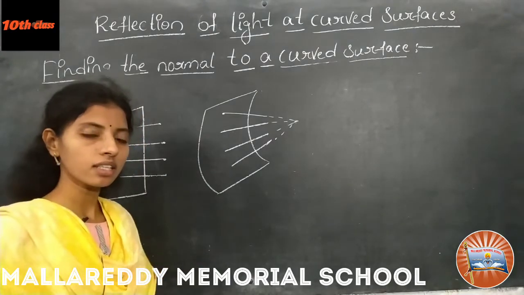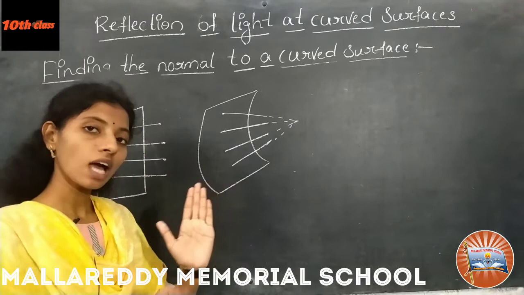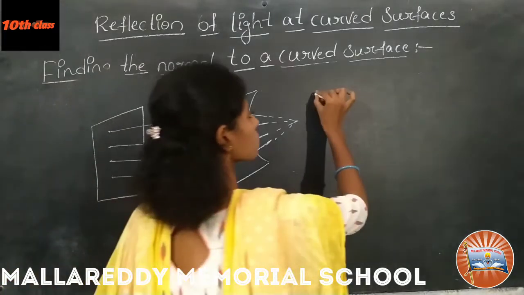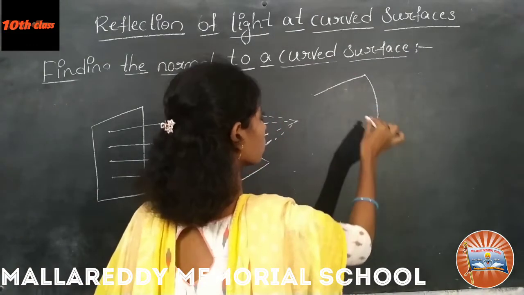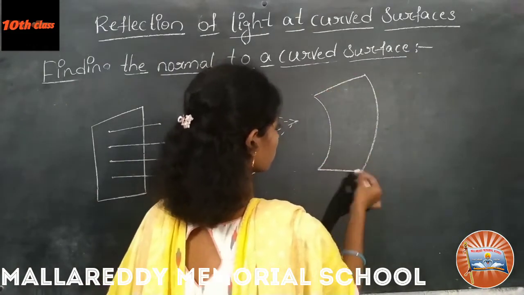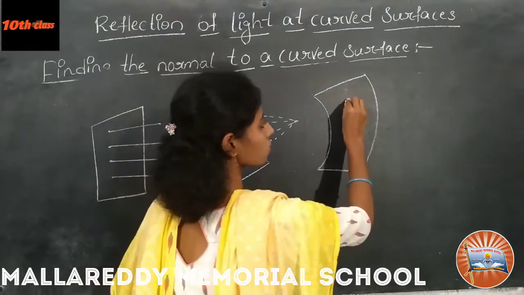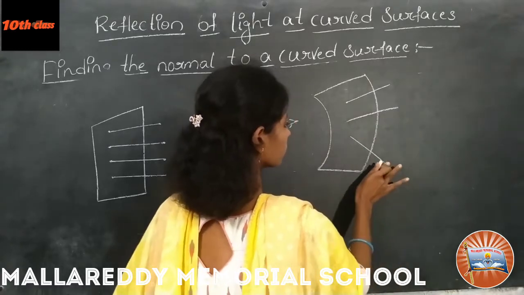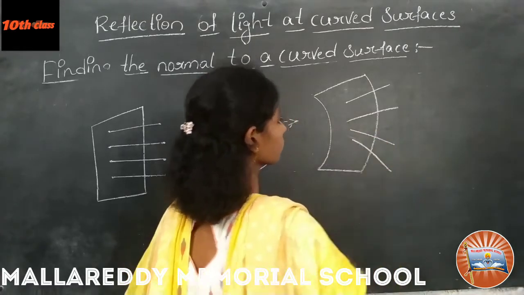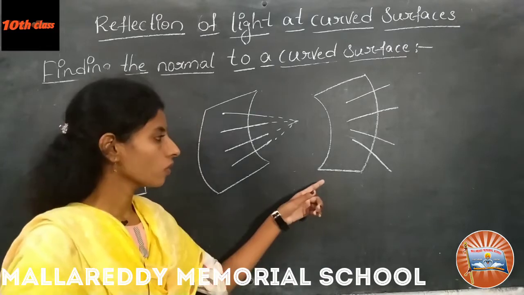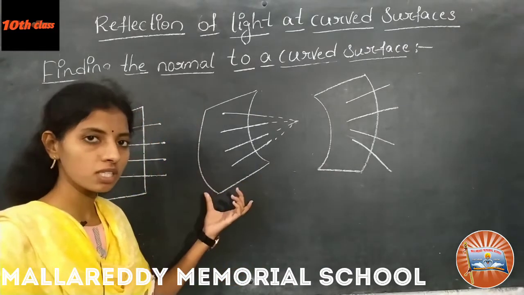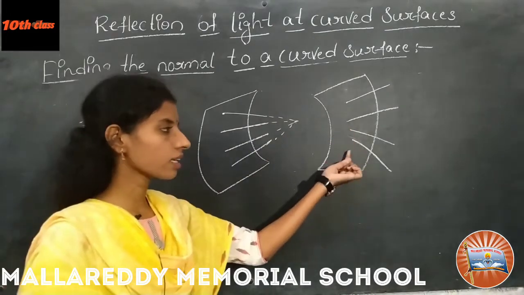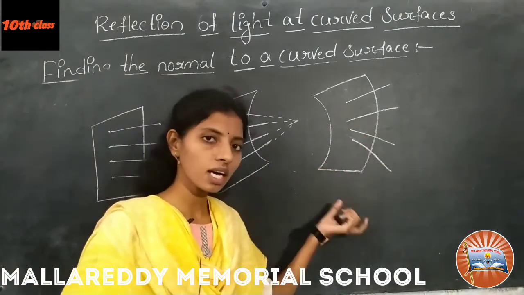If we bend the foam outwards, what will happen? It will look like this. So the pins are diverging like this, right? When we bend the foam inwards, all the pins are converging type. When we bend it outwards, the pins are diverging.